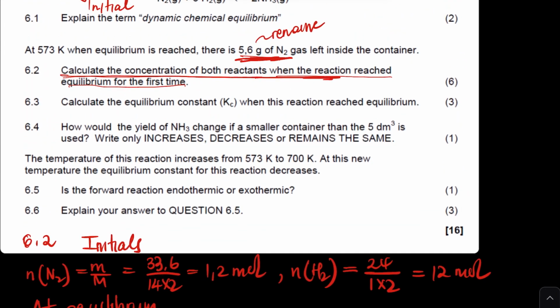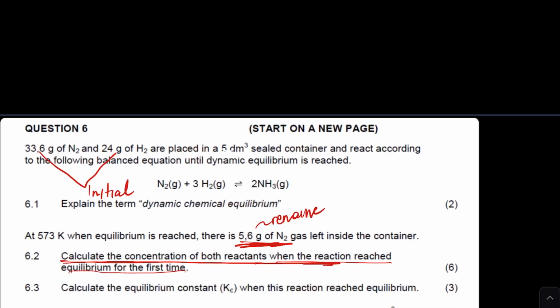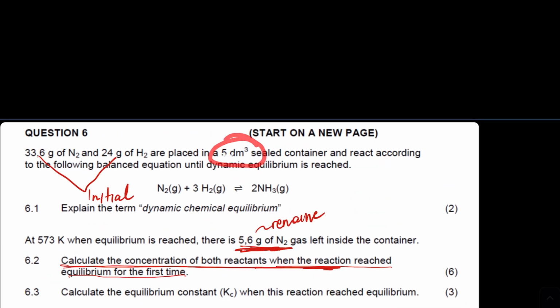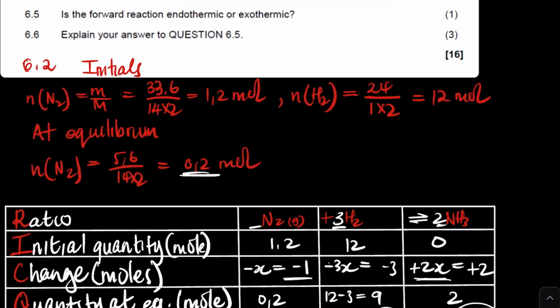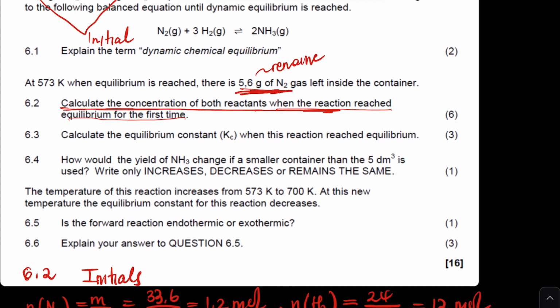And then now 6.4, it says how will the yield of ammonia change if a smaller container than 5 dm3 is used? So if the volume is changed, that means the pressure changes, right?